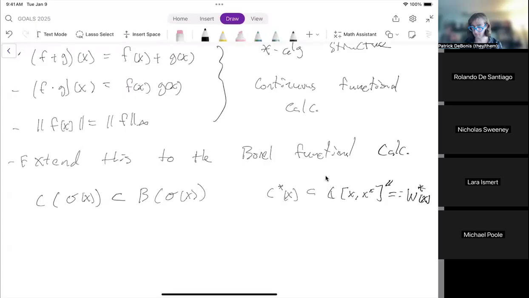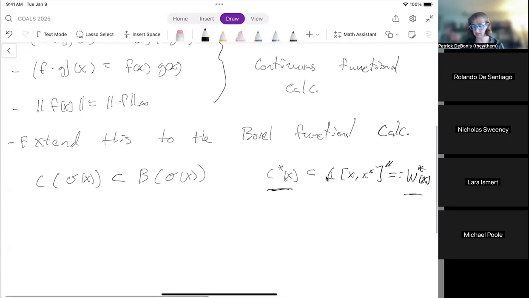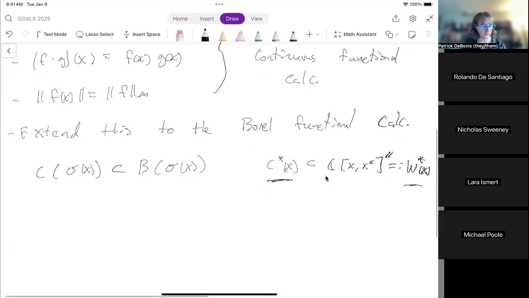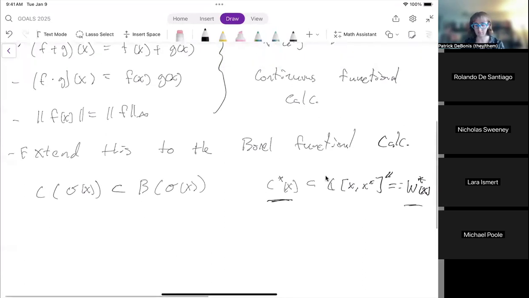Just remember that this is norm closure for the C-star algebra, and so that implies the SOT and WOT closure over here. So it really is an inclusion here. And so the goal is we want to extend what we did for the continuous functional calculus to the Borel functional calculus. And towards the end of the talk, we'll do an application of this as well.